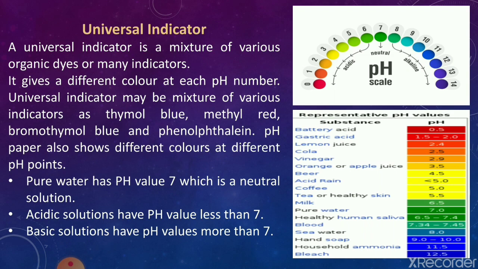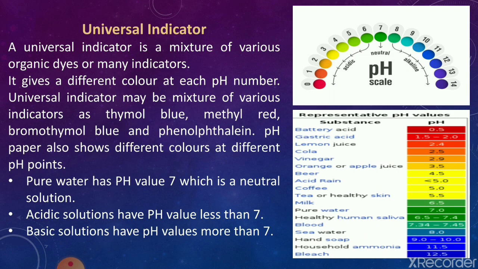So it is used to know the chemical nature of a substance, means we can know whether the substance is acidic, basic, or neutral. One more thing is there, we use universal indicator to find the strength of the substance. Strength means how strong any acid or base is.